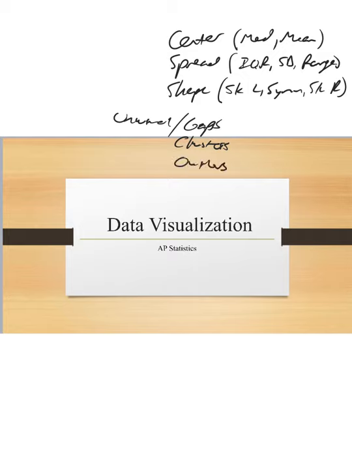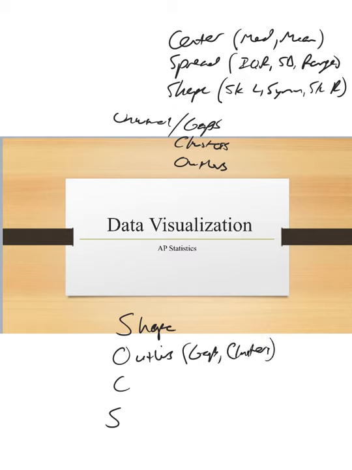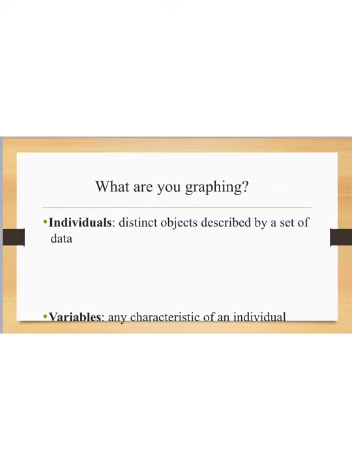In fact, some teachers will use this acronym SOCS, which is shape, outliers, but again, this could be gaps, clusters, and so forth as well, center and spread. Those are the things we're really thinking about when we look at these. We'll focus a little bit on that and a lot on just what these graphs are showing in this video.